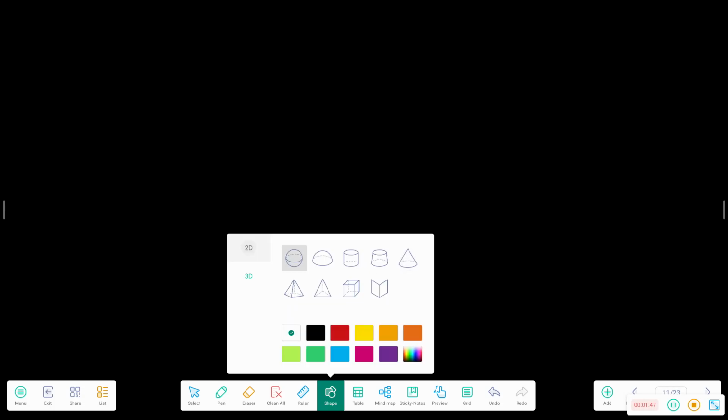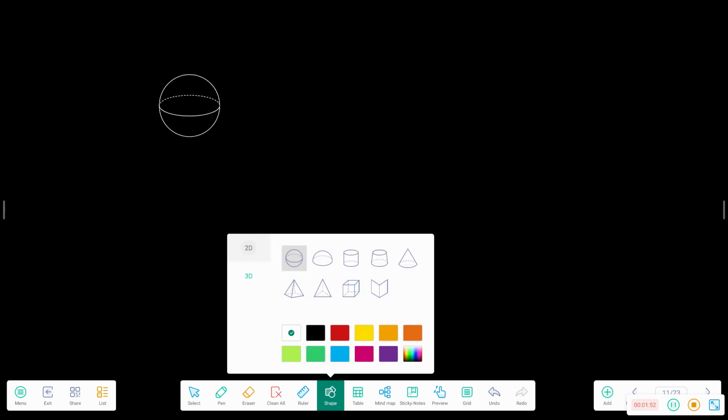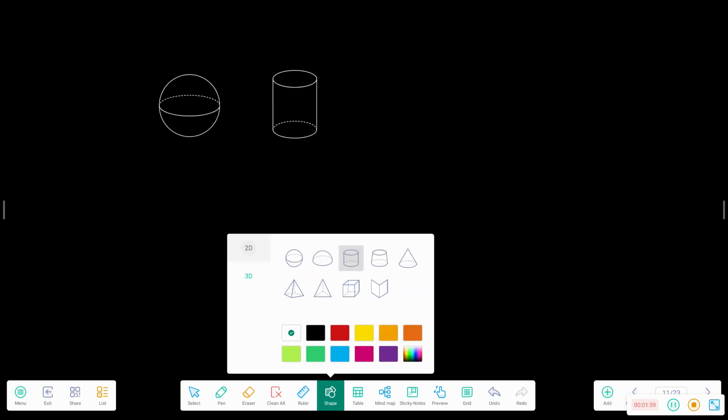So the first problem: a metallic sphere of radius 4.2 centimeter is melted and recasted in the shape of a cylinder. So a sphere was recasted in the shape of a cylinder, from a sphere to a cylinder.